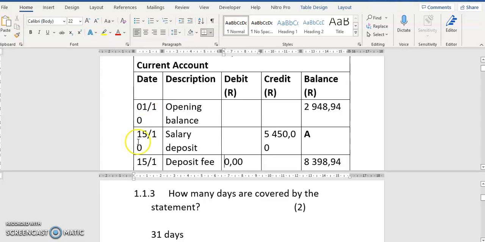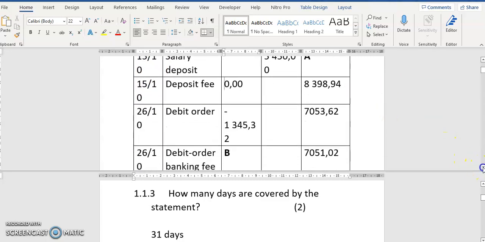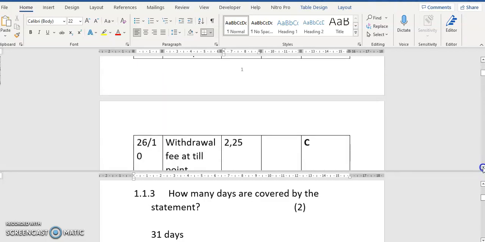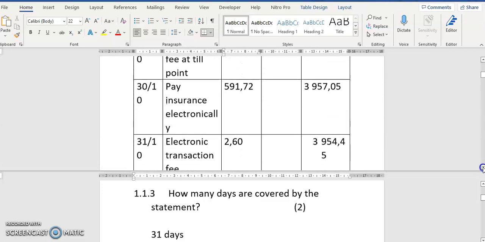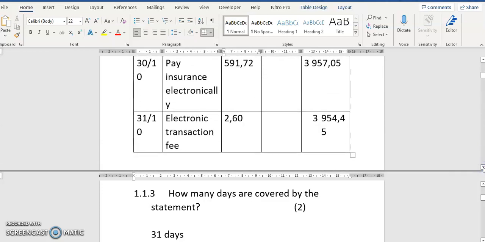October is 10. I know you know this from grade 8. So it starts from 1st October to 31st October. The question is, how many days are covered by the statement? If you check, it's 31 days.